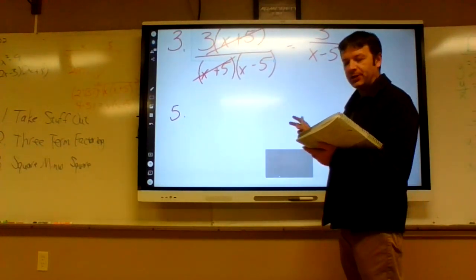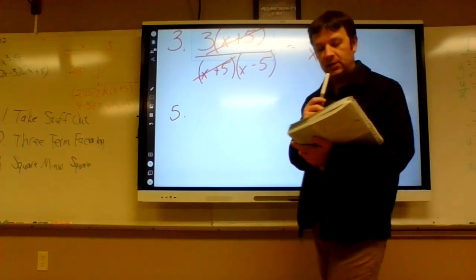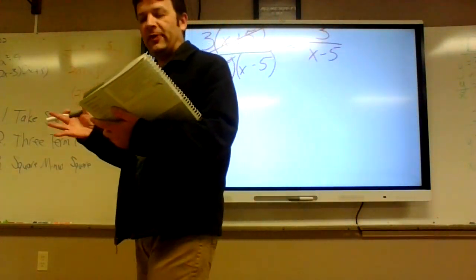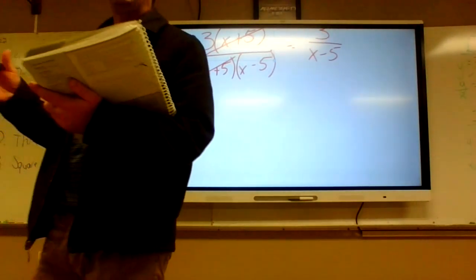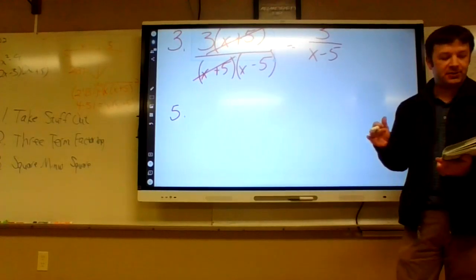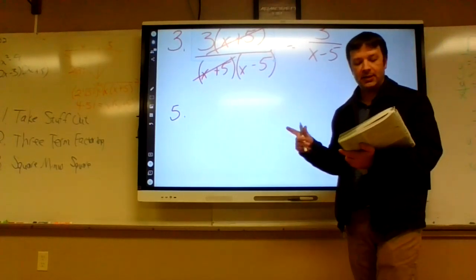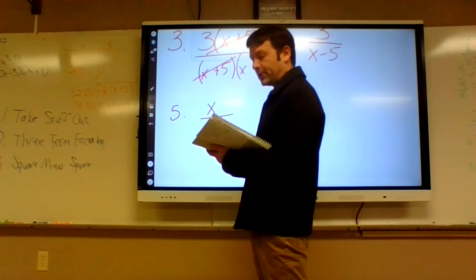What's the difference between number 3 and number 5? Yeah, number 5 has 2 separate fractions that we're multiplying together, but whether it's in one fraction or 2, the rules are kind of the same with multiplying. Anything on top can cancel out with anything on the bottom.